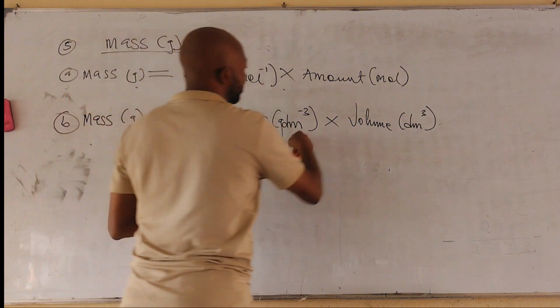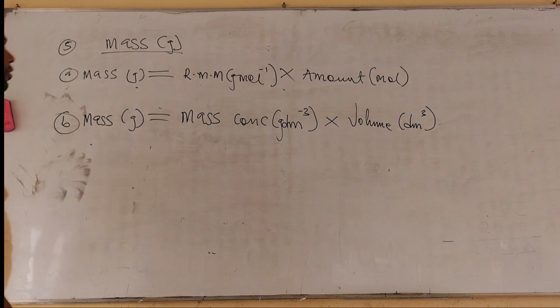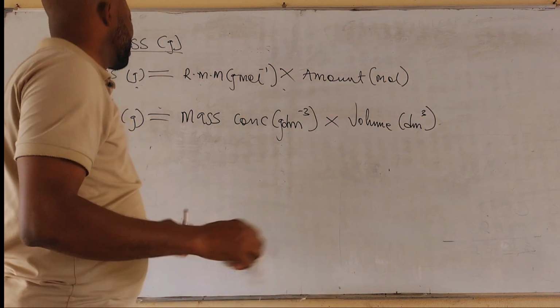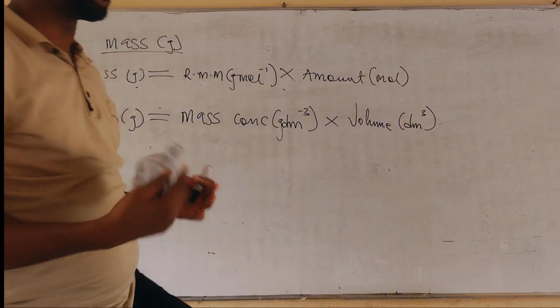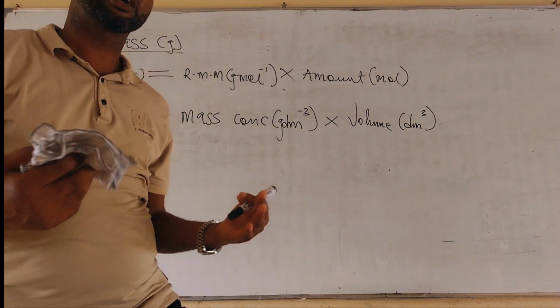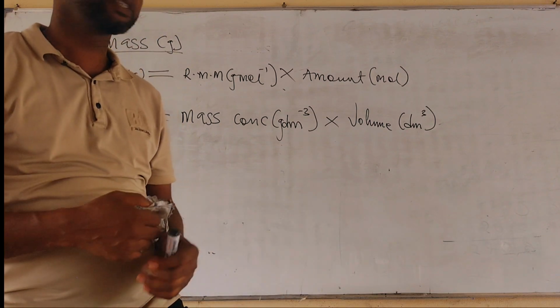Now, dm cube, we'll take out dm cube, I'll be left with gram. That is another formula for mass. So here, we're trying to get all the various formulas that can be used when carrying out calculations in volumetric analysis, be it redox or whatever it is.